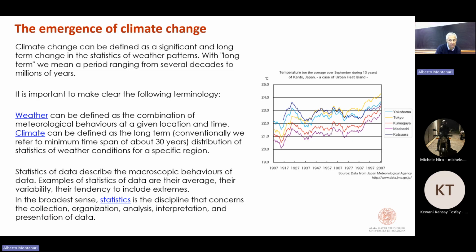And the other important message that is delivered here, besides the definition of weather and climate, is about statistics. The message is, if you want to understand climate and climate change, the underlying sciences are physics, for sure. Physics, because climate is regulated by the laws of physics, and in particular, conservation equations.